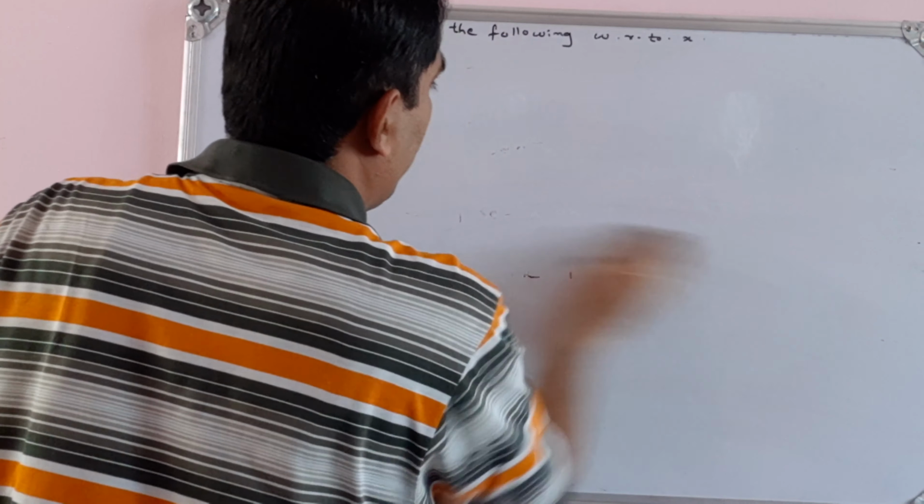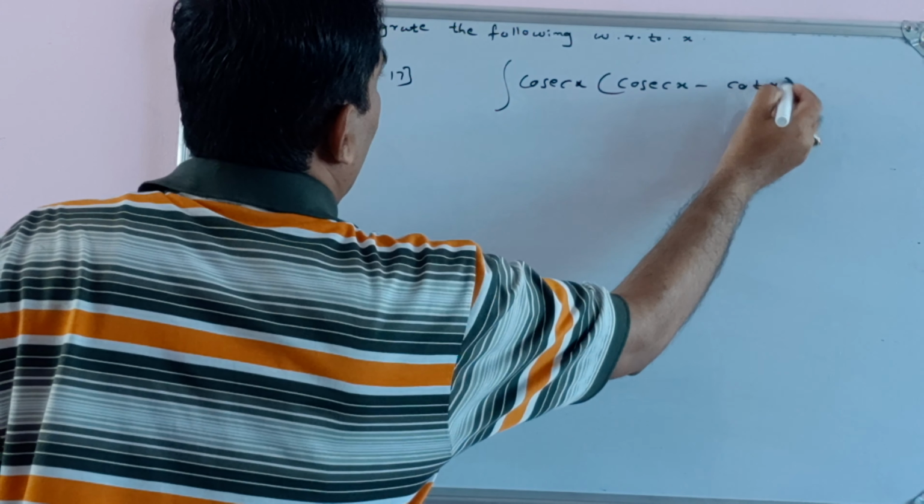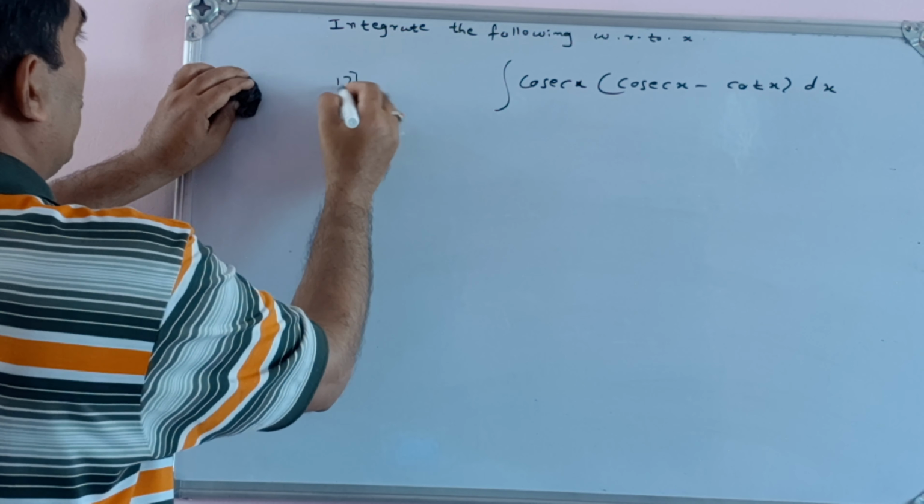So then let us go for the next, the 17th one. Cosecant x into cosecant x minus cot x. See, observe this, very important here.